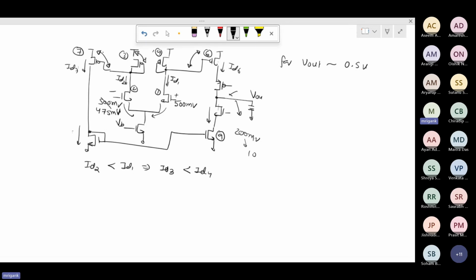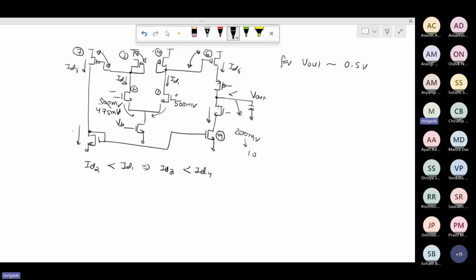That means, given the saturation region condition, both of them are driving similar current, or basically capable of sinking similar current. So in order to equate the current and keep the devices in saturation region, you are trying to put Vout close to VDD by 2, and therefore all the devices will be in saturation.